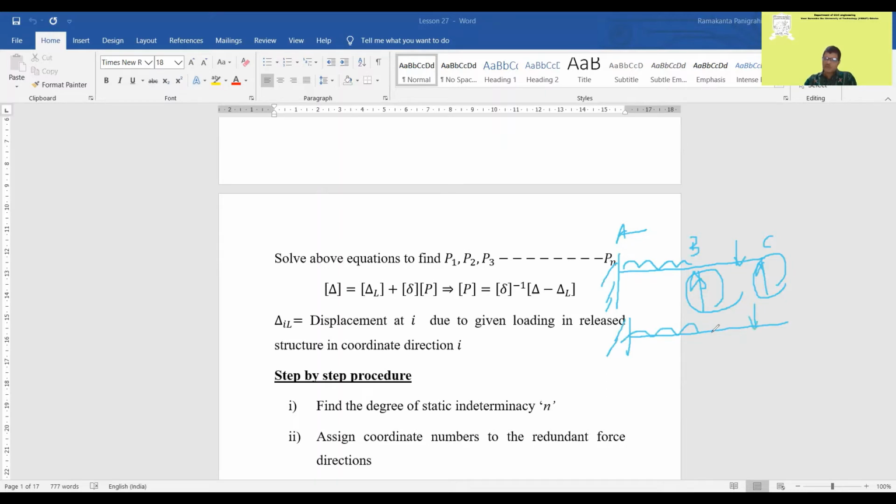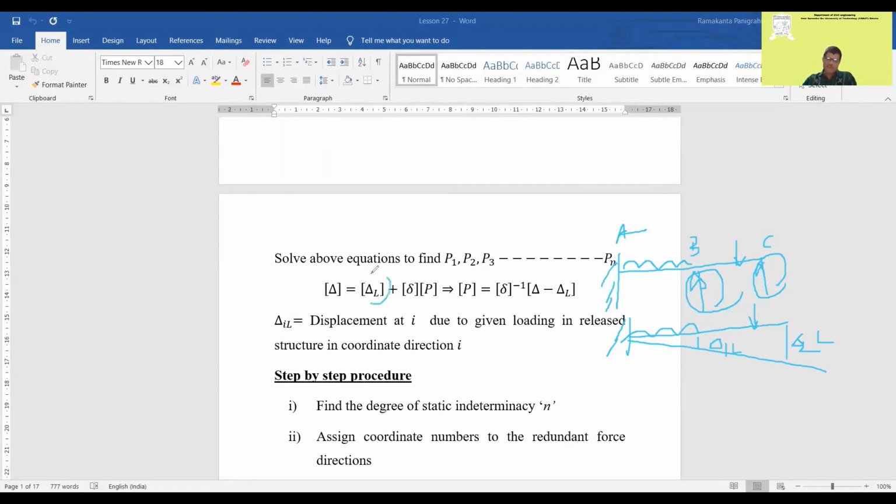Due to these loads, what is the displacement at the coordinates, the displacement at 1, the displacement at 2? These are nothing but delta 1L, delta 2L, the displacement due to the loading. So you find the displacement in the release structure in the direction of the coordinates. That will give the values of delta 1L, delta 2L.